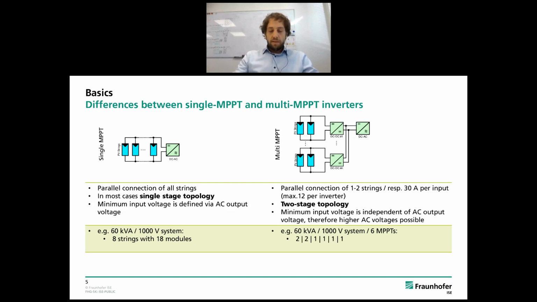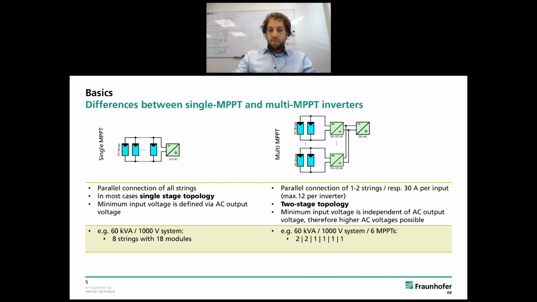In comparison, for multi-MPPT inverters, you have different inputs where you can connect one or two strings in parallel to each input. Therefore, the MPP tracking for each of the one or two strings is decoupled from the others, and the DC input voltage is also decoupled from the AC output voltage.